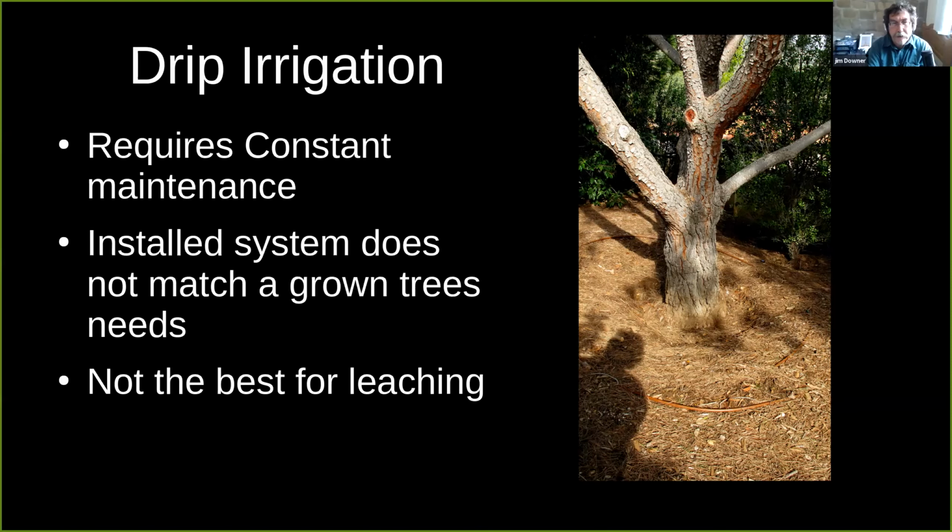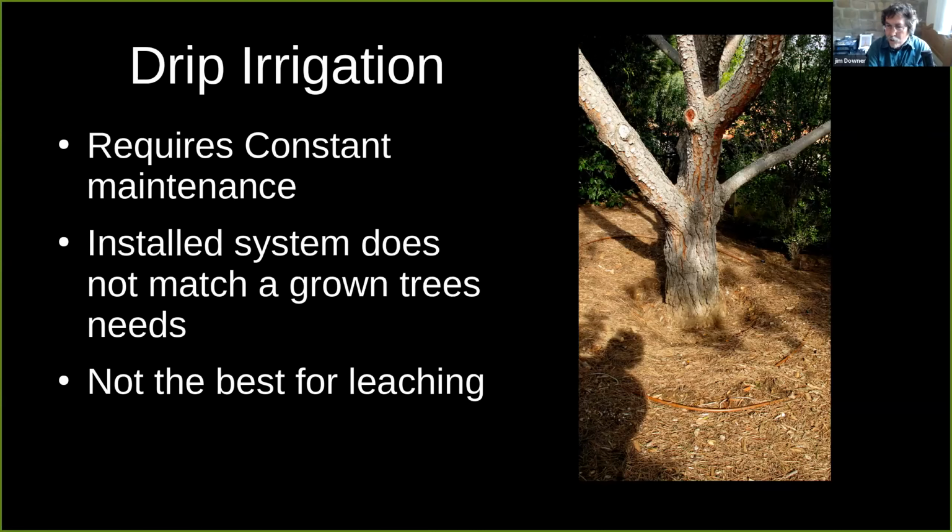And it's not effective then because it needs maintenance. These things can plug up. I know here in Arizona, we have this in the apple orchard that I have. And when I went and reviewed the efficiency of this system, about half of the emitters in the Netafim tubing were clogged.